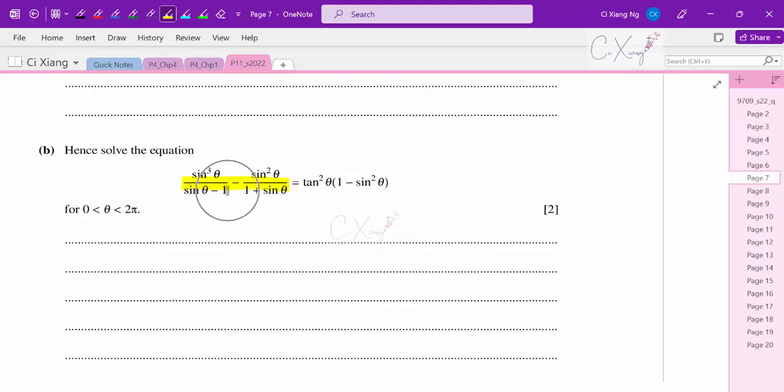So what's the result from part A for this left hand side? Basically, this left hand side will become negative tangent square theta times sine square theta plus 1, and equals the right hand side, which is tangent square theta times 1 minus sine square theta.